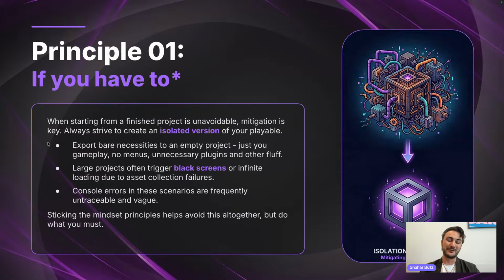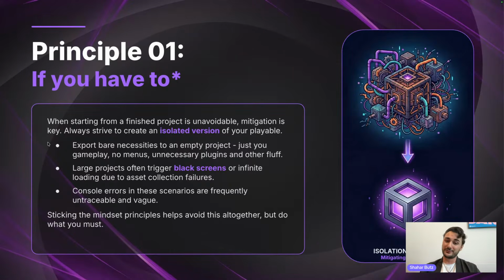And if Playworks encounters a file it doesn't like, I'll explain more what that means later on, you might get black screens, infinite loading screens, a broken mechanic, and worst of all, you won't have an error that actually has a stack trace that leads anywhere. You'll just get an error and wonder why nothing is working.